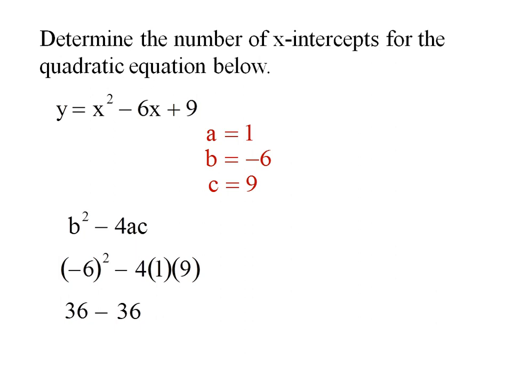And this is an example where the discriminant is actually equal to 0. And we learned that if the discriminant equals 0, then this gives us one real solution, meaning this is going to cross the x-axis at only 1 point. And so we have one answer.